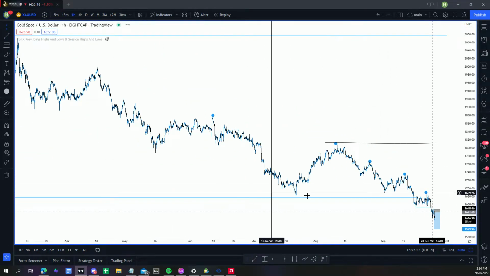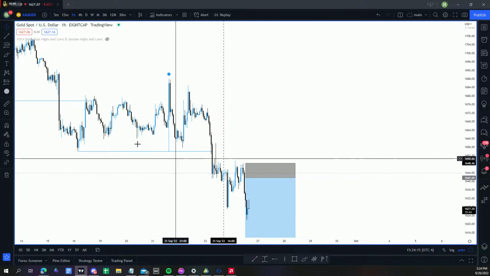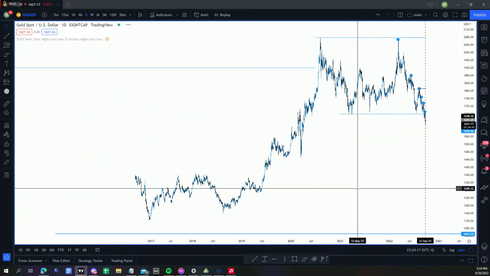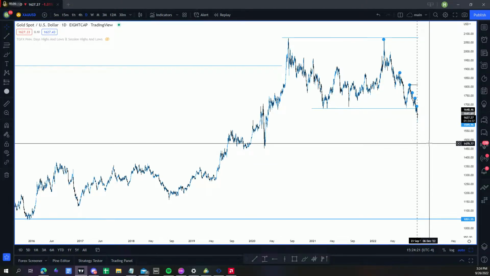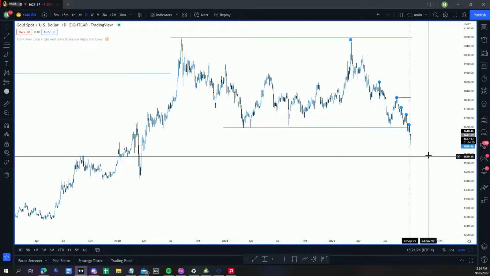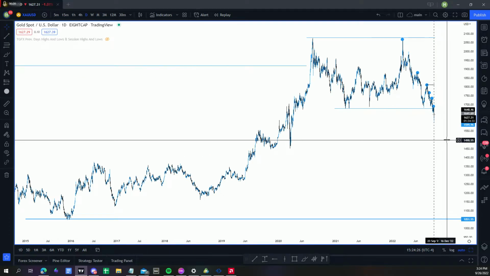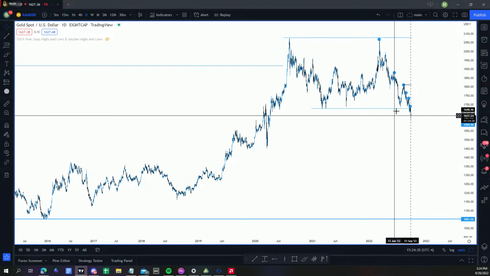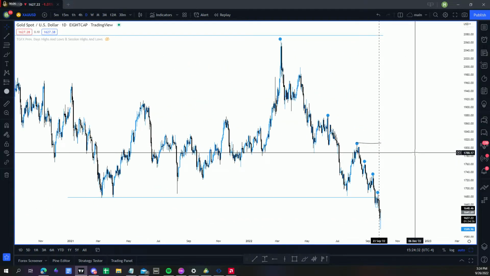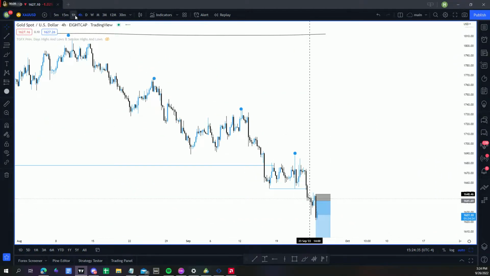We're under this major level where I was worried about, and now I knew that if that level was to go, because that was our higher time frame based area, that gold would likely just magnet down to the downside. And now I'm focused on 1600 as my next target, and then potentially 1500, 1550-ish, and I'll just continue to follow this down until the price wants to show me otherwise.